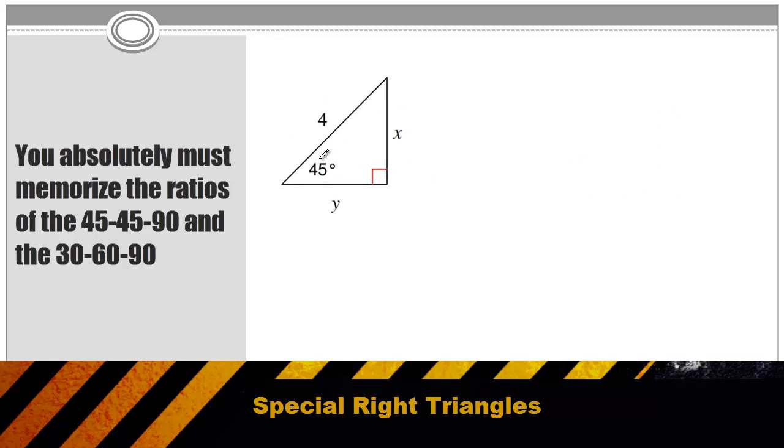So in this triangle here, I have a 45-degree angle, a 90-degree angle, and since all of my angles will add up to 180, I can deduce my top angle must also be 45 degrees, which means I have an isosceles right triangle. So now I know the ratio of my sides. If one of my legs is x, the other leg must also be x, and my hypotenuse must be equal to x root 2.